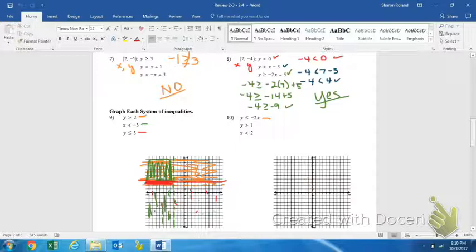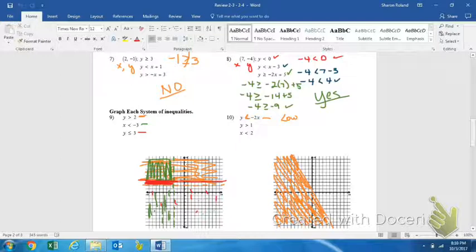The line is solid, and it's going to look something like this. It has to go downhill because it's a negative, and because it's less than, you're going to shade below that line. This one has a solid line underneath the inequality, so we're going to make a solid line on the graph. And that's the first part.